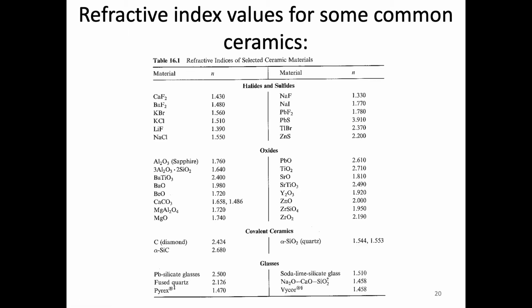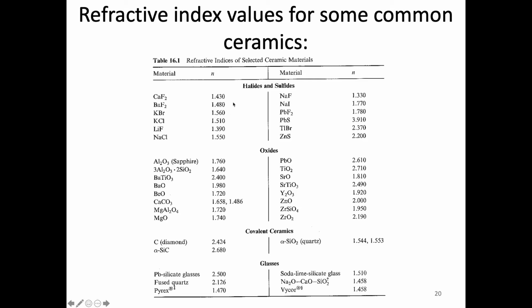All right, so let's look at table 16.1 in your textbook, which looks at the refractive indices for various ceramics. And it kind of divides it up by class of materials. So there's halides and sulfides up here, and you can see that they all have refractive indexes, which do not have a unit because it's a ratio.